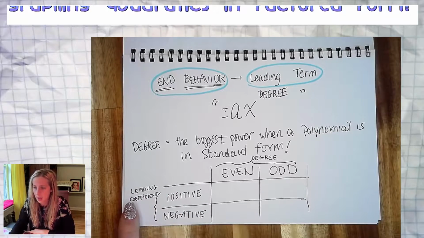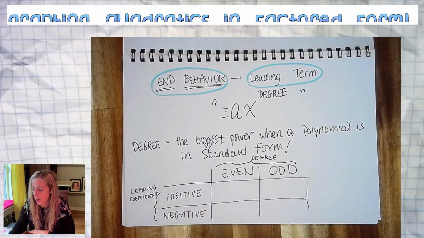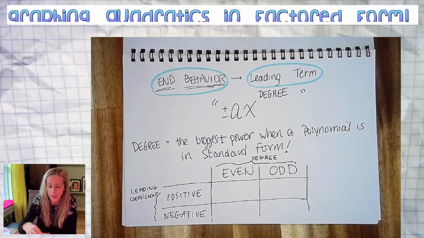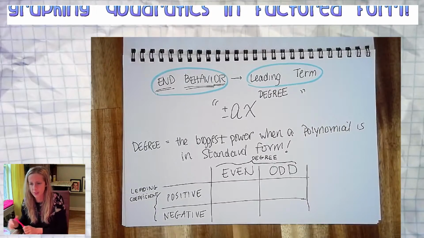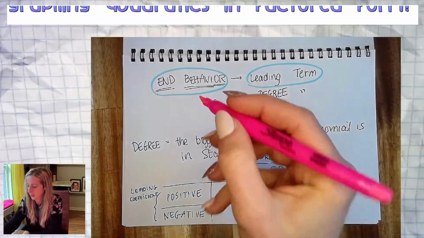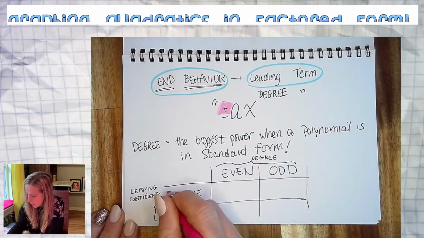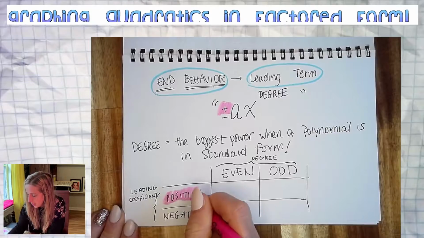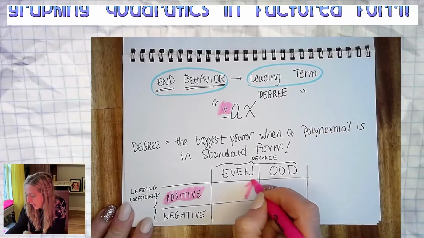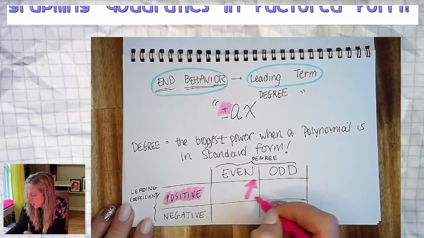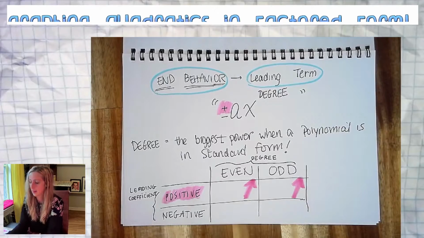If the leading coefficient is positive, overall, your graph is going to be going which way? Who remembers? Go ahead, Justin. It'll be going up. Yes. If your leading coefficient is positive, at the right end, at the finish, the graph will be going up, whether it's even or odd.